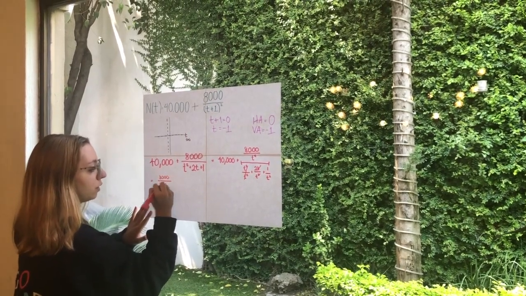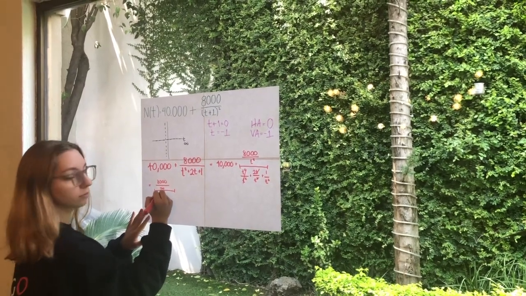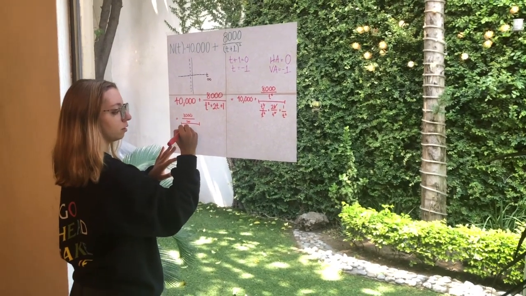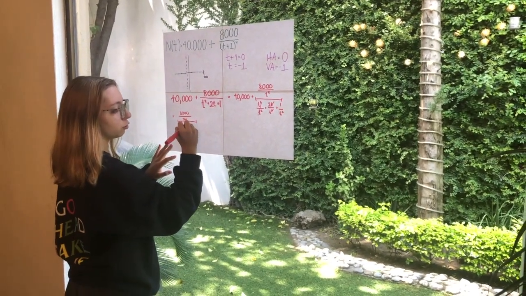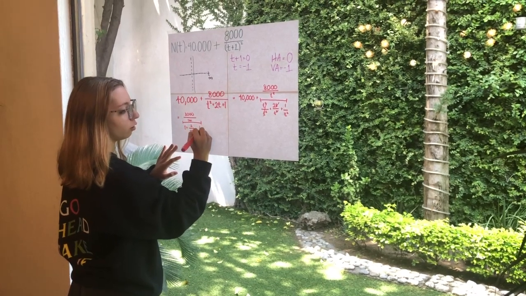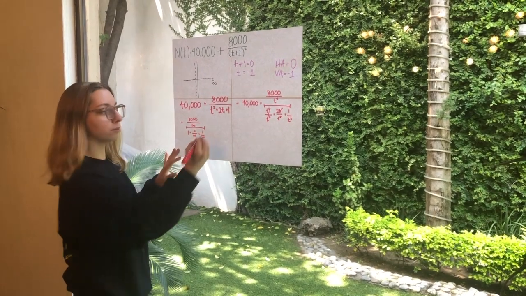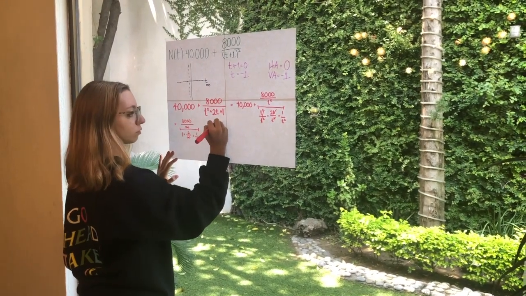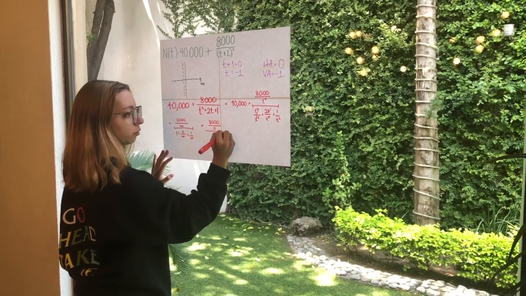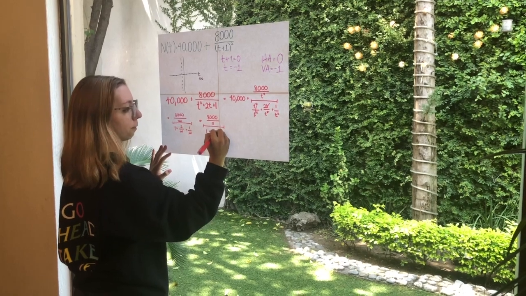8,000 over infinity over... This becomes a 1, then 2 over infinity plus 1 over infinity. Now all of our infinities are going to become 0. 1 plus 0 plus 0.